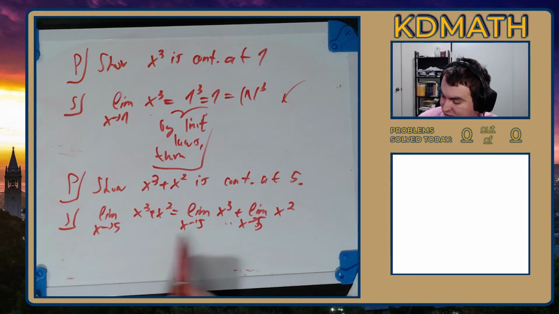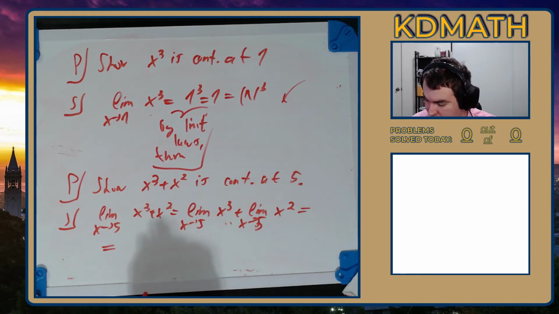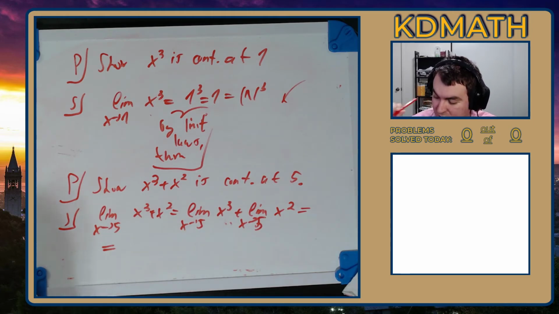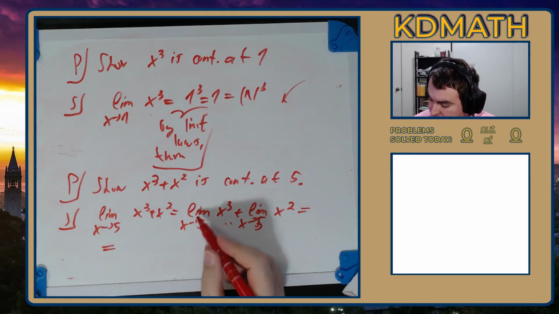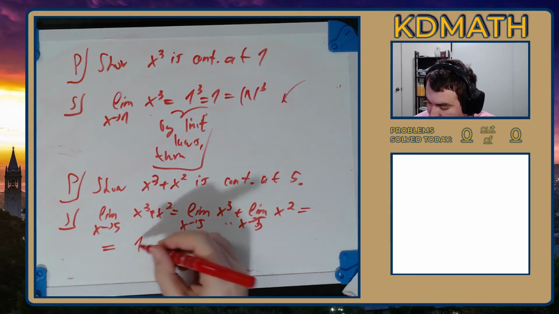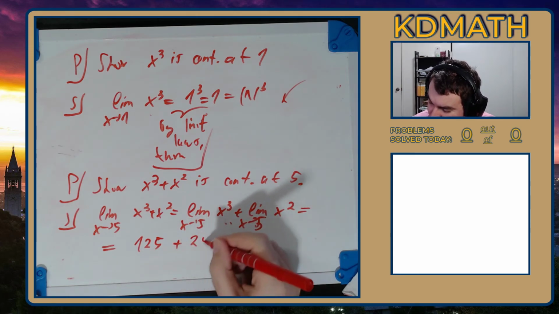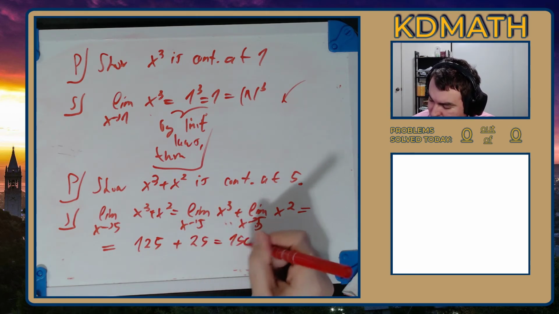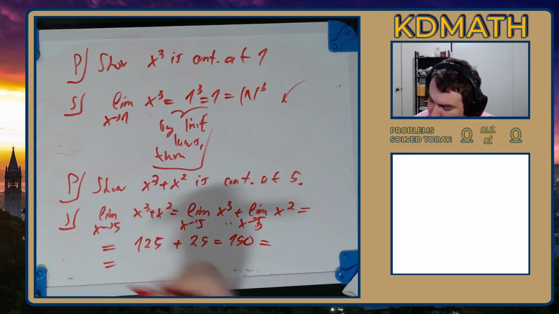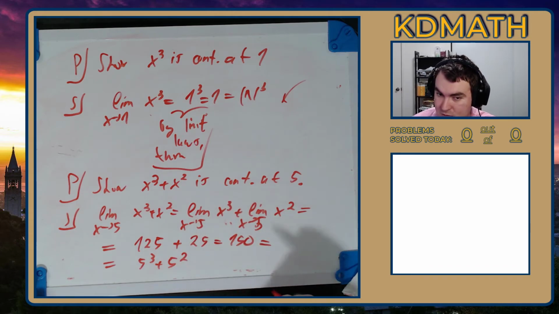This is by the summation limit law. And now by the power limit law that we wrote down, by the power theorem, you know that the limit as x goes to 5 of x cubed is 5 cubed. So this is 125 plus 25, which equals 150, which does equal 5 cubed plus 5 squared. Then you're done.